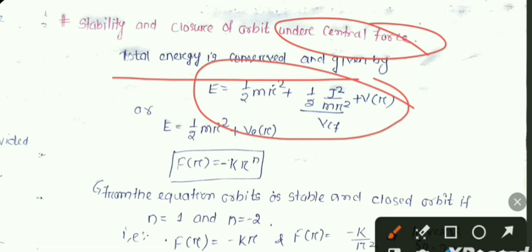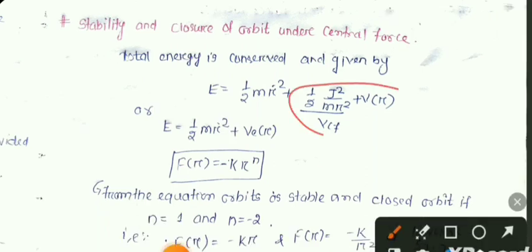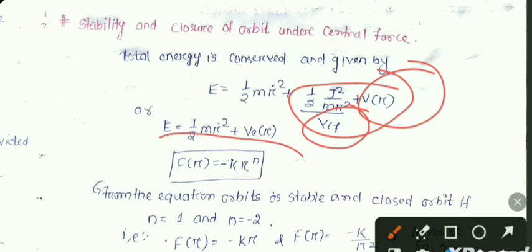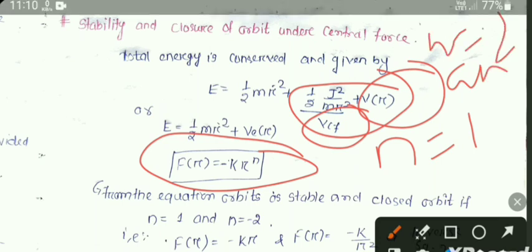We know this equation, that is half m r dot square plus half j square by m r square. J is angular momentum, but these two terms are the effective potential energy. This is the central force potential energy, and this is the normal potential energy. So doing this, we got f of r is equal to minus k r to the power n, where n is equal to 1 or n is equal to minus 2.